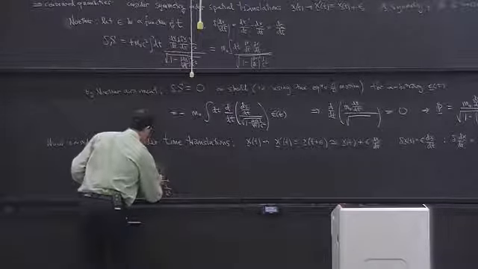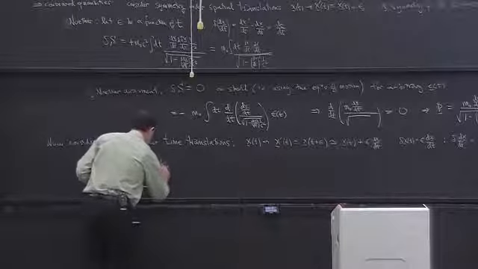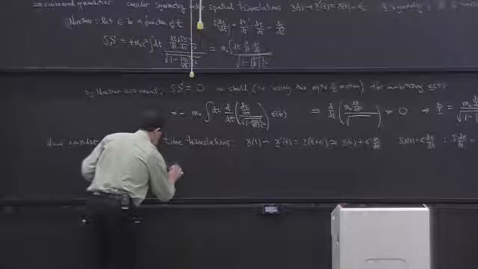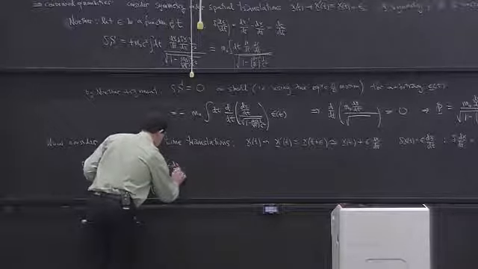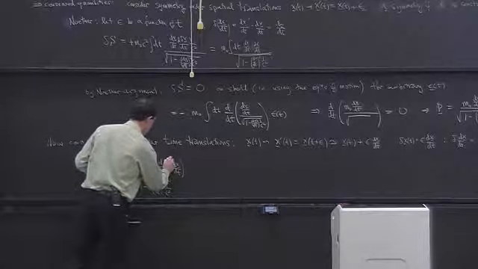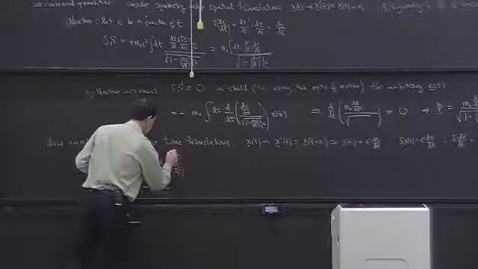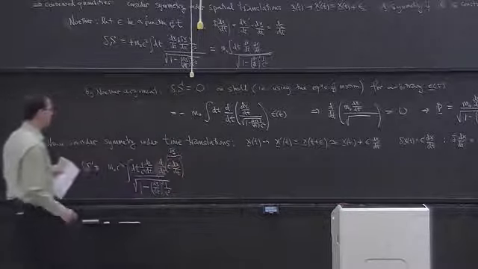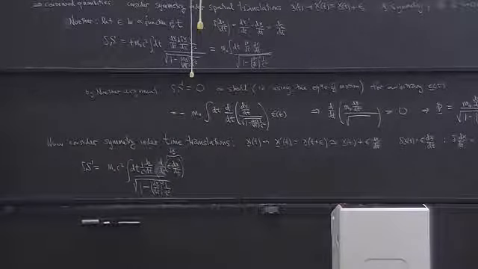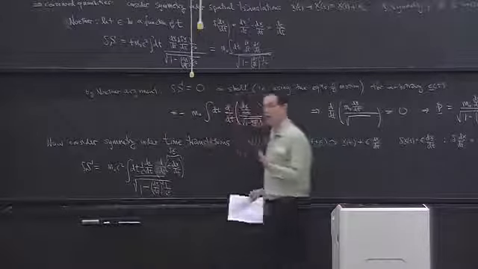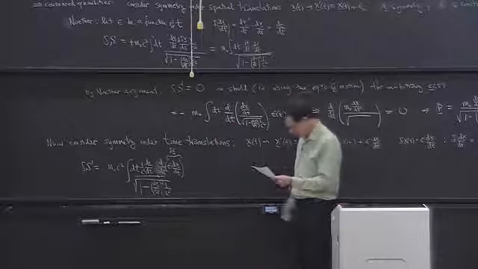I'm going to write it this way. I'm going to write it as d by dt of epsilon dx/dt. Okay, because this is the variation delta x. And now Noether tells me to let epsilon remain a function of time. Let epsilon be a function of time.